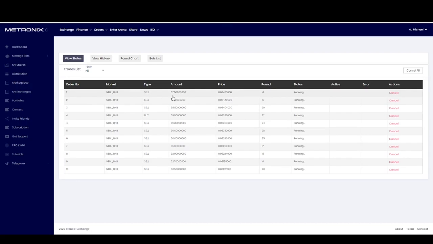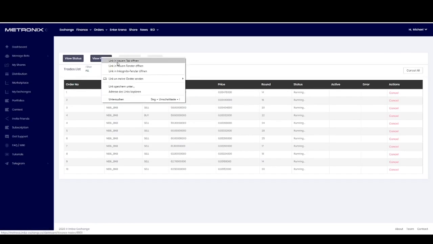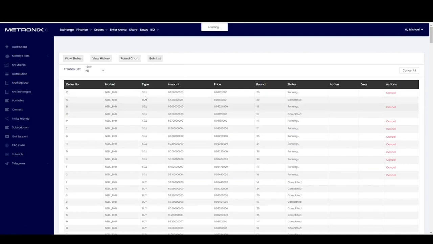So you see here I buy an amount of 75.5, and now we have to take a look in the history. In the history we see it a little bit better, because we see what the last orders were, and you see what happened here.